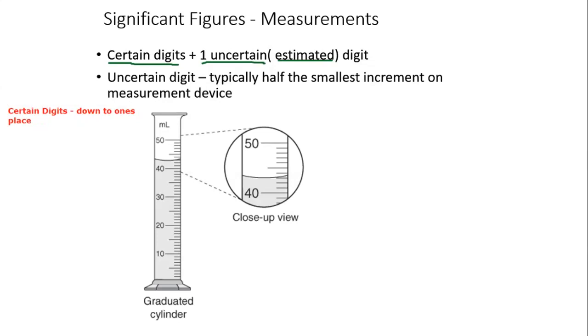The smallest tick mark represents 1 milliliter, which means we know for certain the volume. Now the estimated digit is typically the placeholder to the right of the last certain digit. So the estimated digit here would be in the 10th place. And this is for this 50 mL graduated cylinder.